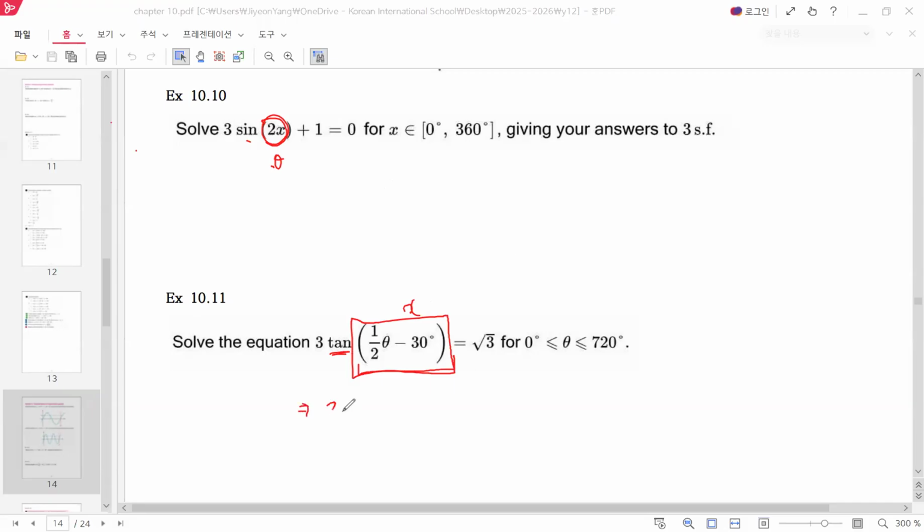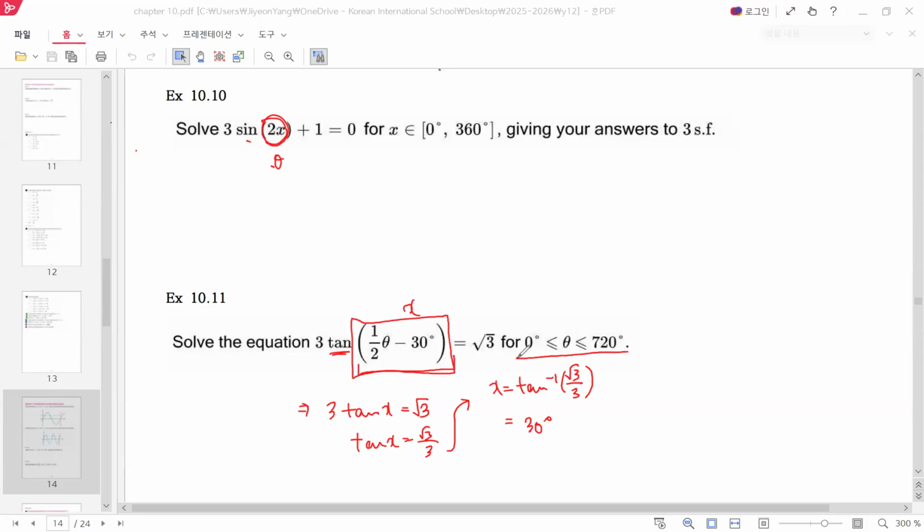So 3 tangent x equals square root 3. Then since tangent x equals square root 3 over 3, x equals tangent inverse of square root 3 over 3, 30 degrees.